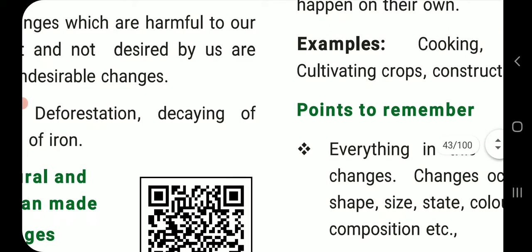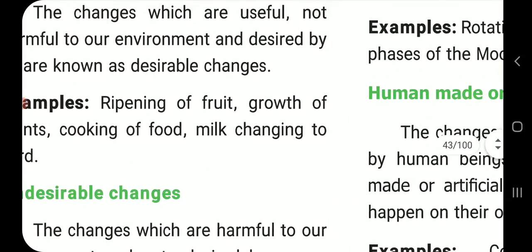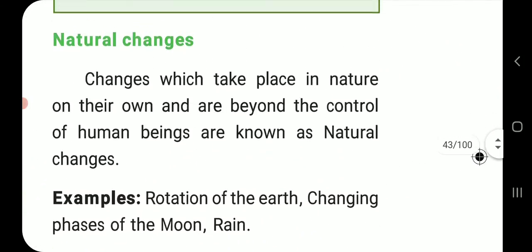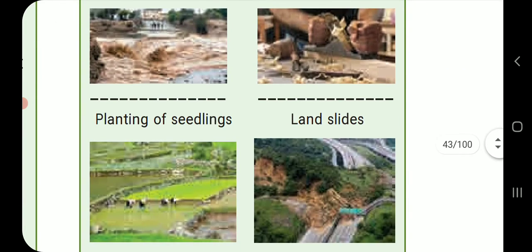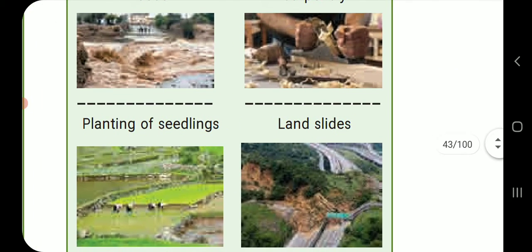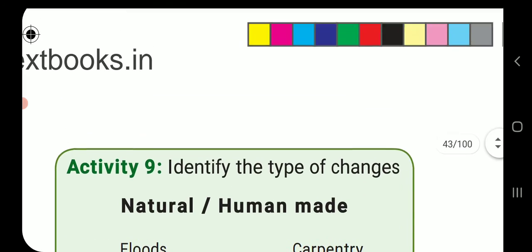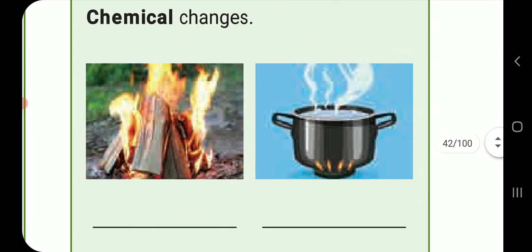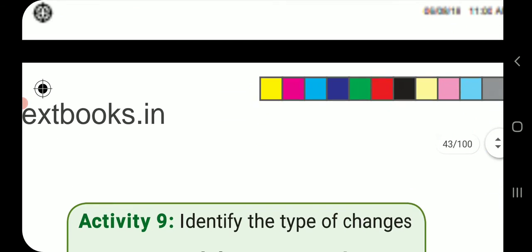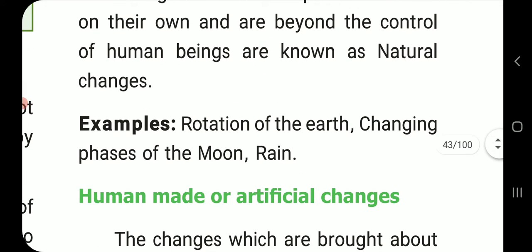Then the next type of change is natural change and human-made change. This is the last category. Natural changes include planting of seeds and rotation of the earth.